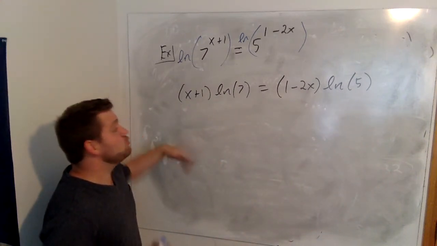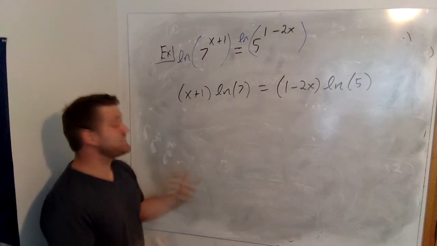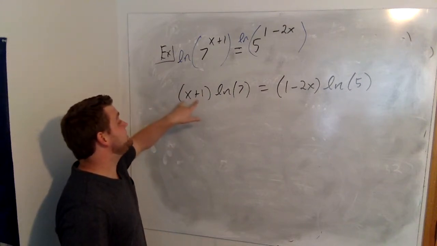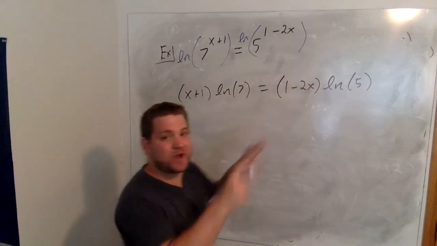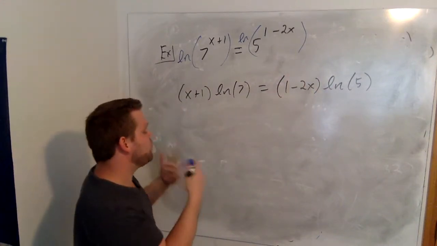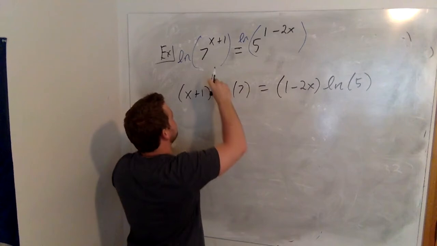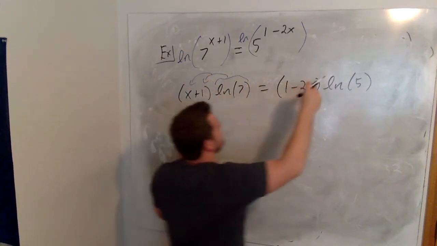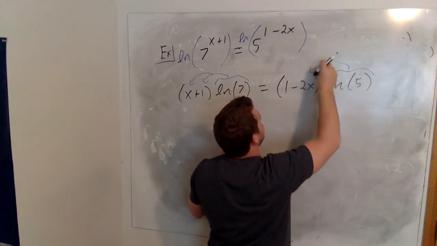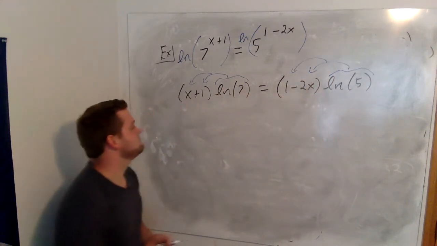So to be able to move all the x pieces to one side, we need to free these x's of this multiplication. We need to get them out of these parentheses so I can freely move them around. So what I'm going to do from here is distribute this natural log of 7 into these parentheses, and distribute this natural log of 5 into these parentheses.